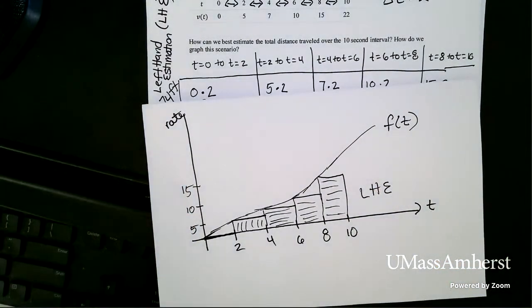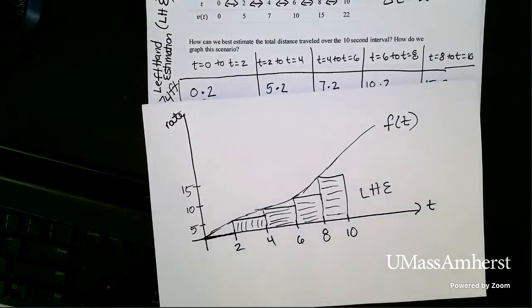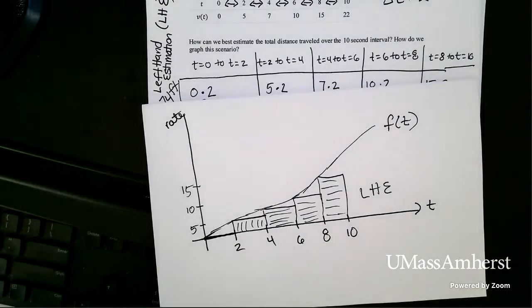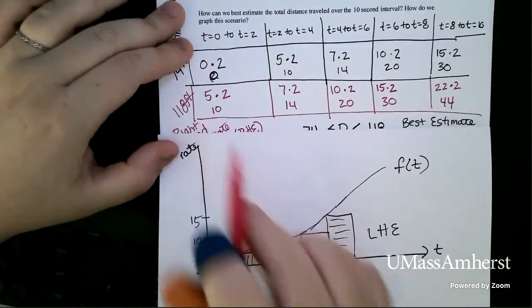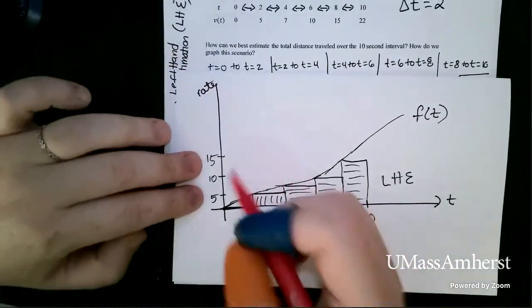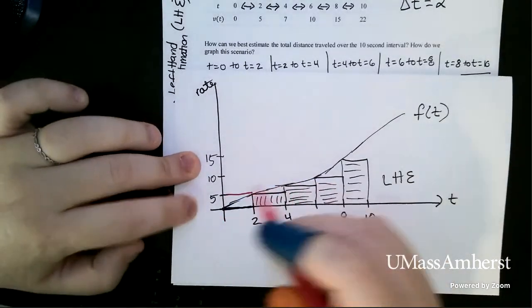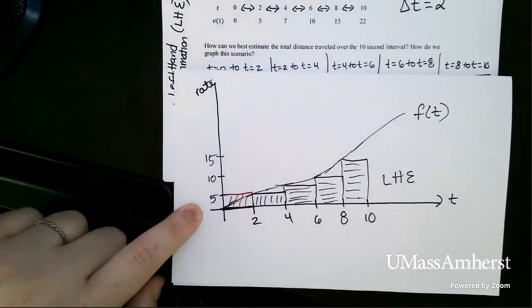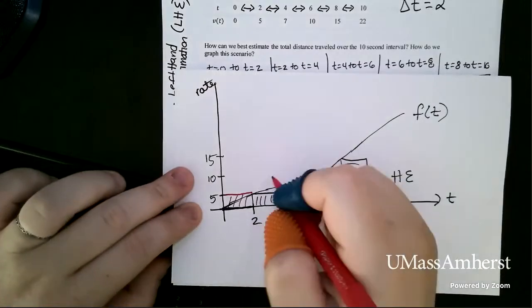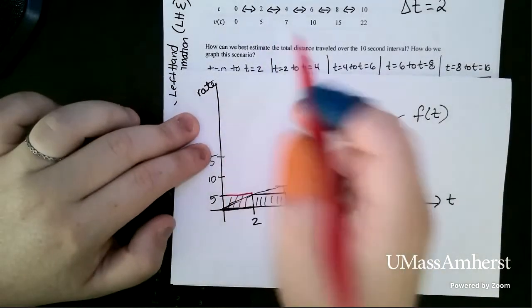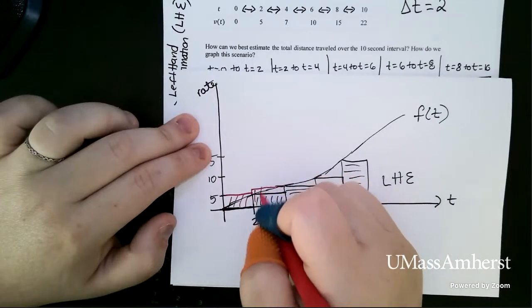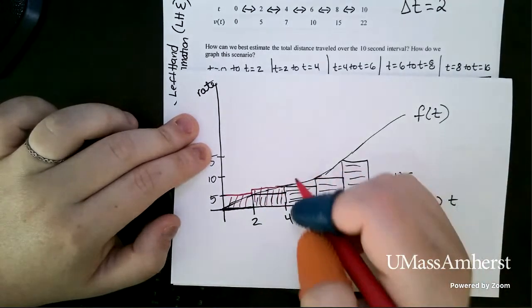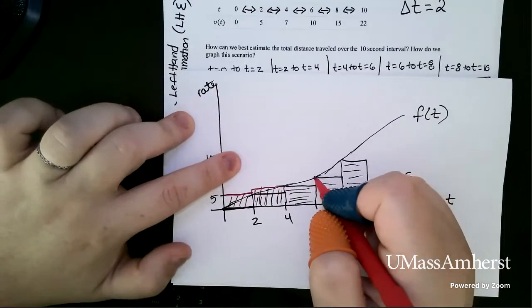Now, when I did a right-hand estimation, for the first 2 seconds, I assumed that the rate was 5. So that means I had something like this. And then for the next 2 seconds, I assumed the rate was 7. And then from time 4 to time 6, I assumed it was 10.